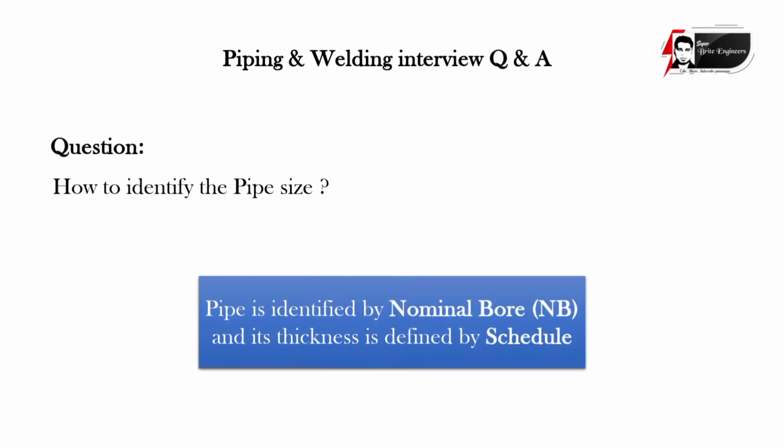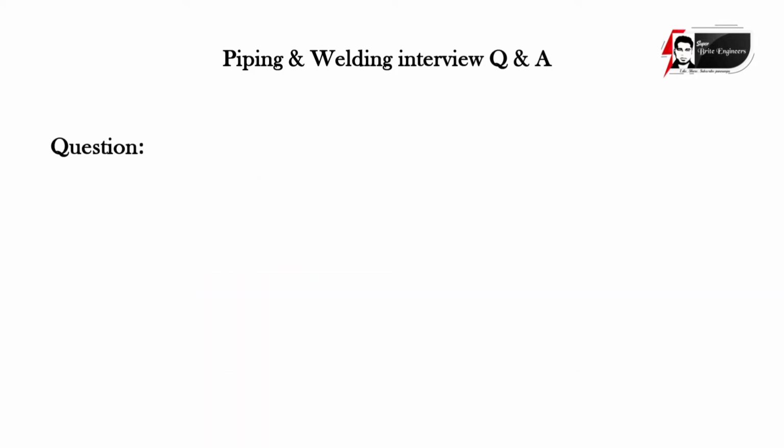How to identify the pipe size? Pipe is identified by nominal bore and its thickness is defined by schedule. How to identify the tube size?